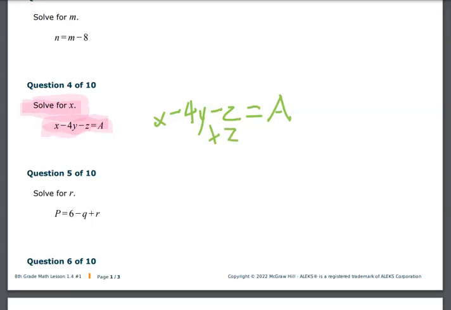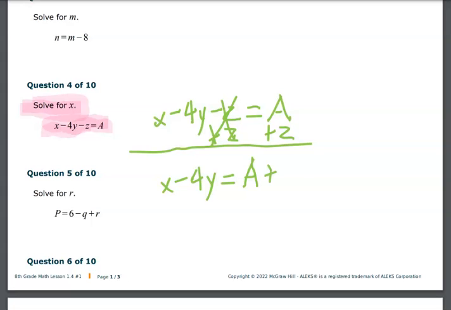Again, this is a minus z, so I'm going to add z. That means I have to add z here. These cancel out, become 0. So now I have x minus 4y equals a, and I know that looks like a 2, but don't judge me, plus z.